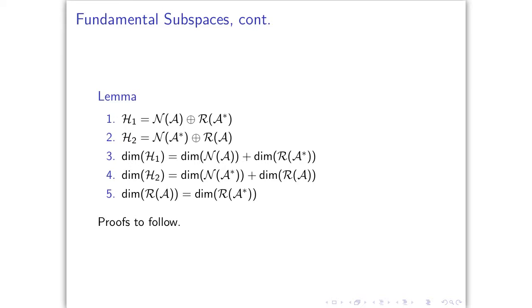Okay, so on the next slide, I just want to summarize. These are all the statements that we can make from that diagram. First of all, H1 has an orthogonal decomposition between the null space of A and the range space of A star.